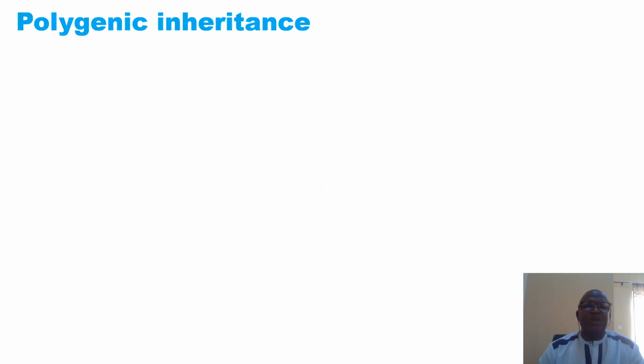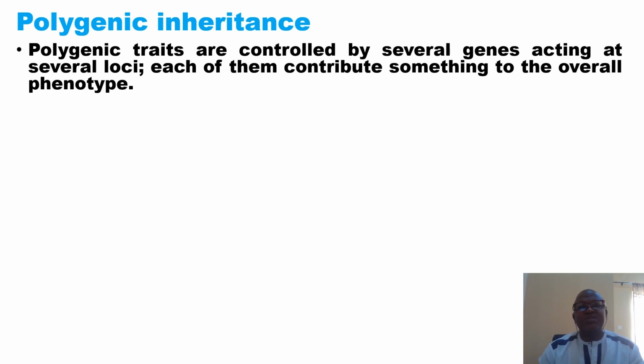So polygenic inheritance is also one of the reasons for departures from the classical Mendelian ratio. Polygenic traits usually are controlled by several genes, with each of them acting at several loci, and each of them makes a contribution to the overall phenotype of the progeny.